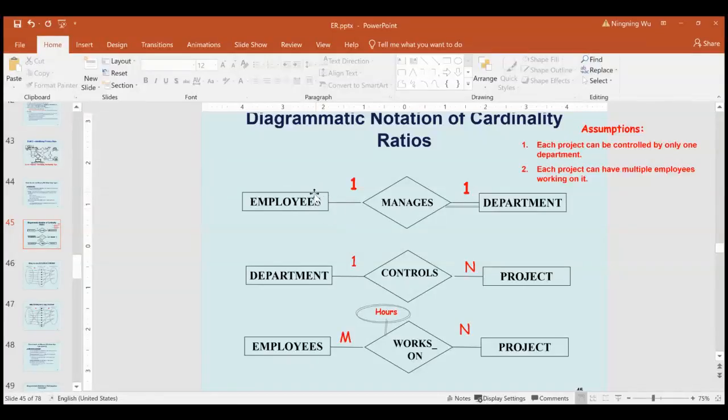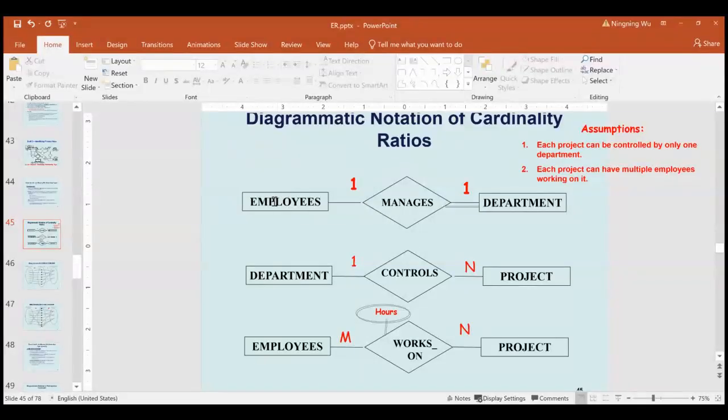Then the participation of the employees is partial. Why partial? Because given the employees entity set, only employees who are a manager will participate in the manager's relationship.